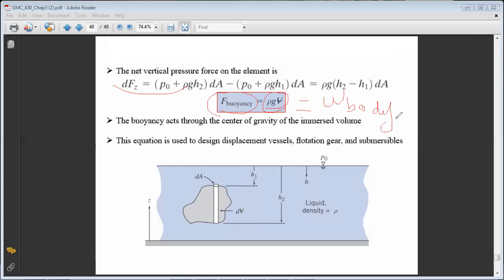If gamma of both are equal, then the volume submerged will be equal to the total volume of the body. In case gamma fluid is larger than gamma body, I will have a floating condition until reaching V immersed times gamma fluid equals the weight of the total body. And finally, if gamma of the fluid is smaller than gamma body, the body will keep moving down until reaching a certain ground.